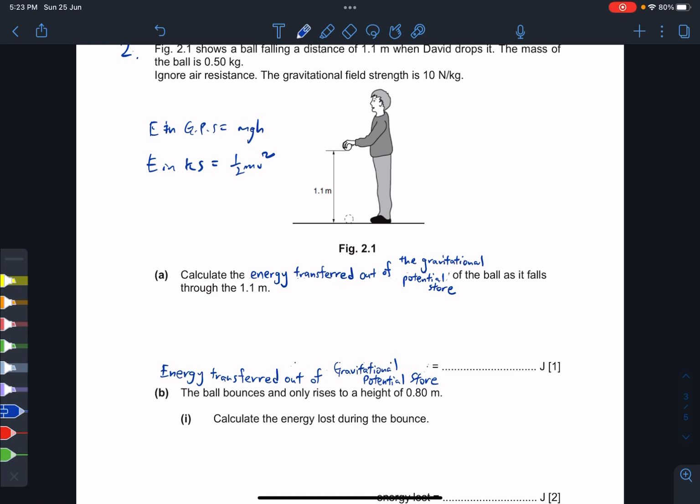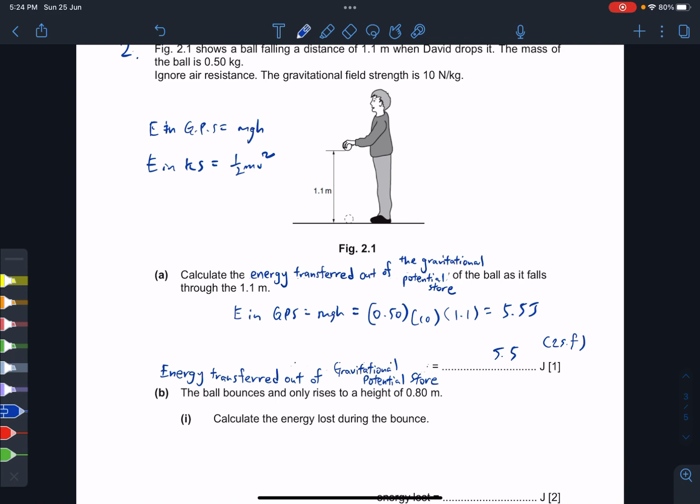So in this case, you're supposed to calculate the energy transferred out of your GPE, which is your mgh, which is m, the mass 0.5 kg, times g, which is 10, times the height 1.1. 0.5 times 10 times 1.1 ends up 5.5 joule. 5.5 joule to 2 SF already.